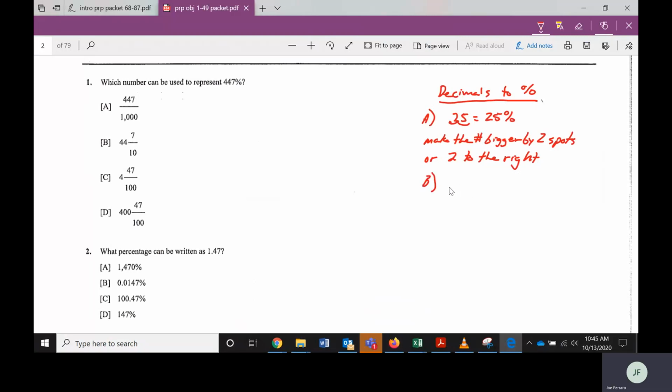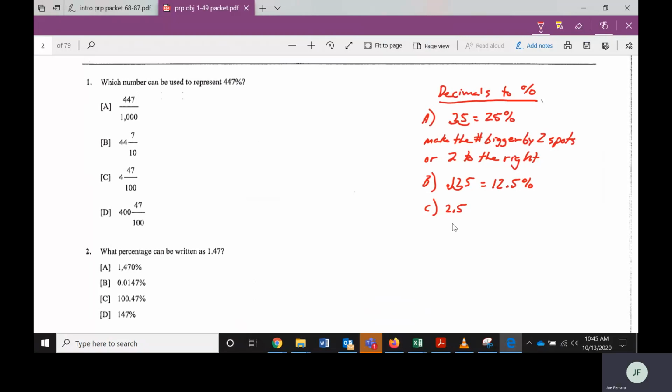Even if you have more than 2 numbers, so let's say you have 0.125, you're going to go 1, 2, it ends up in between there, so it's 12.5%. Part of what we're going to look at today is numbers that will end up being over 100%. So your decimal might be already bigger than 1.